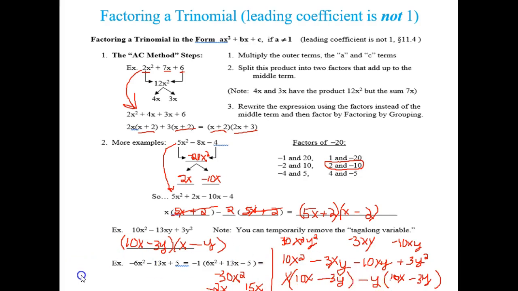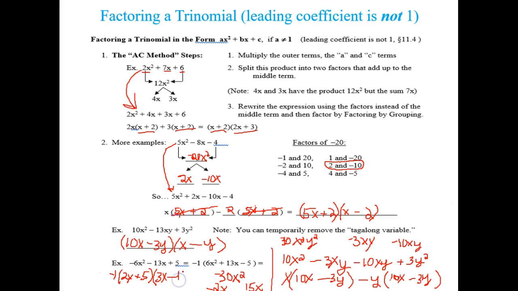And so your final answer, well, you go ahead and pause the video and then I'll tell you what the final answer is. All right, so the final answer, well, you should have the -1 that we had originally. You should have 2x plus 5 in the first binomial, and then the last binomial will be 3x minus 1.